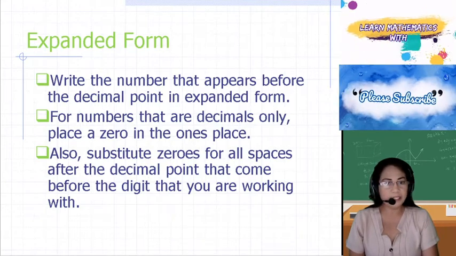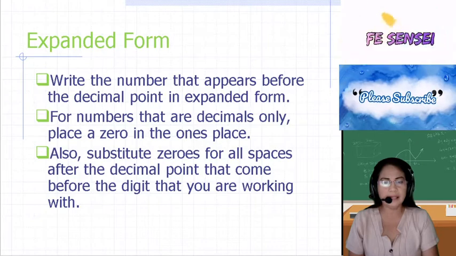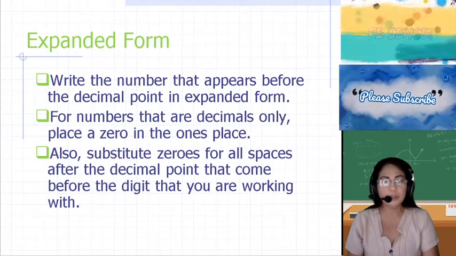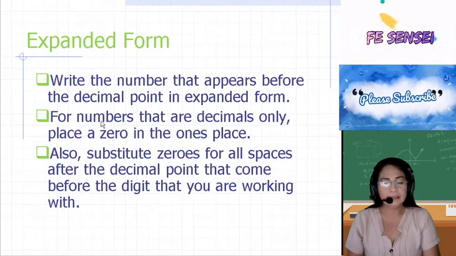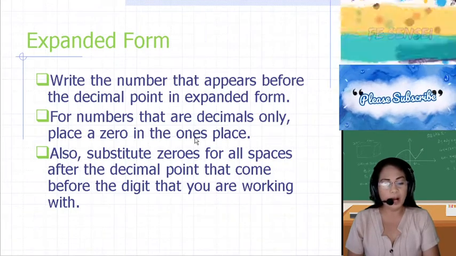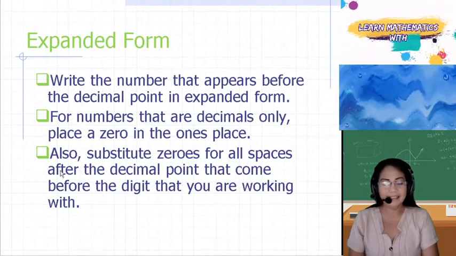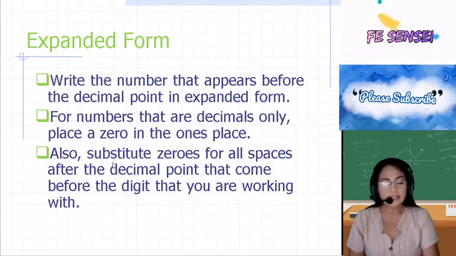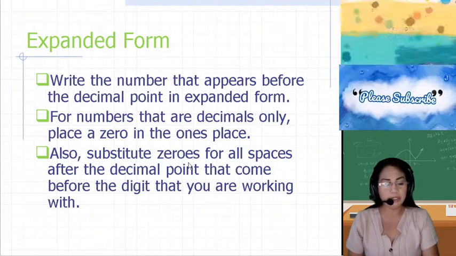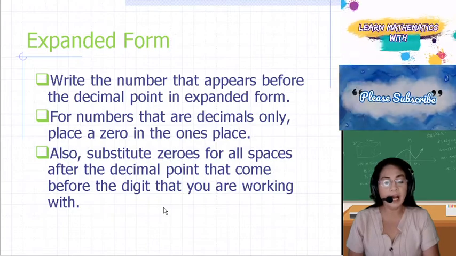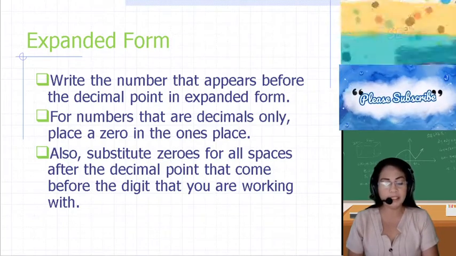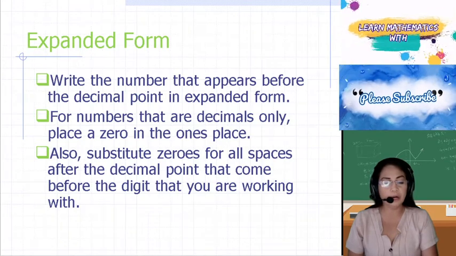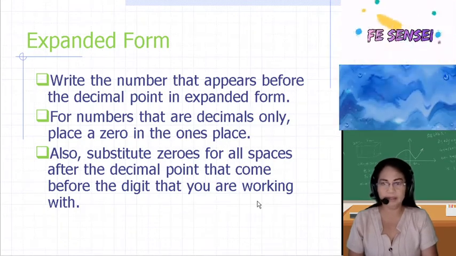Let's say the number is only a decimal, so you have to write 0 in the ones place. Then also substitute zeros for all spaces after the decimal point that come before the digit that you are working with.